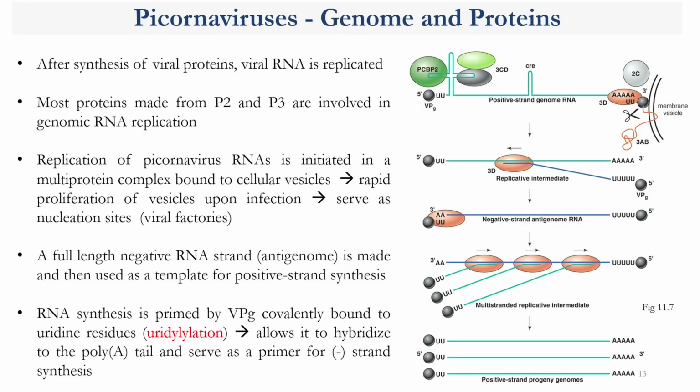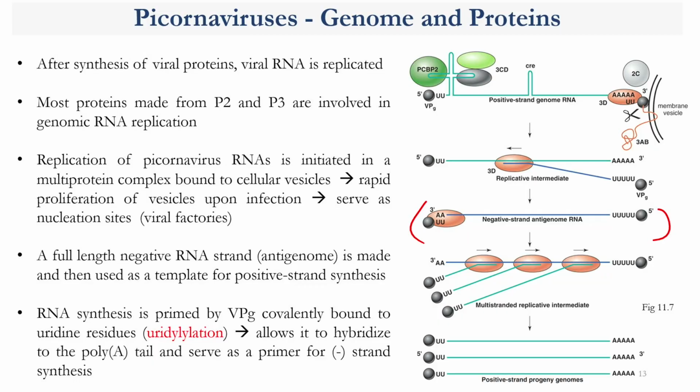But notice here that you have a couple of U's that are complementary to those A's. And this is where the VPG will get attached. So you attach it to uridine, it's called uridylation, okay? And as you continue synthesis, you're gonna make a negative antigenomic RNA, okay?